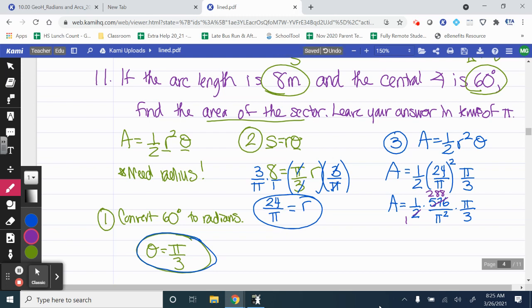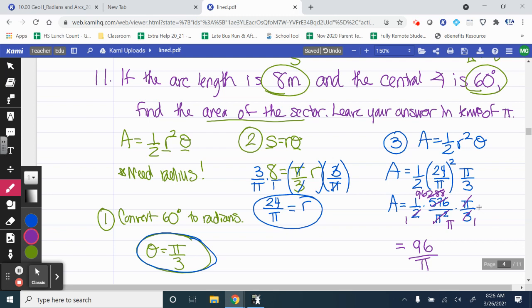And then you can do 3 goes into itself once and into 288 96 times. And there's 1 pi on the top and 2 pi's on the bottom, pi squared. So pi over pi squared would leave you with just a pi. So now I'm left with 96 on the top over pi on the bottom.